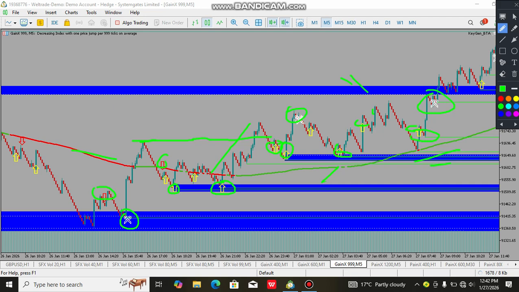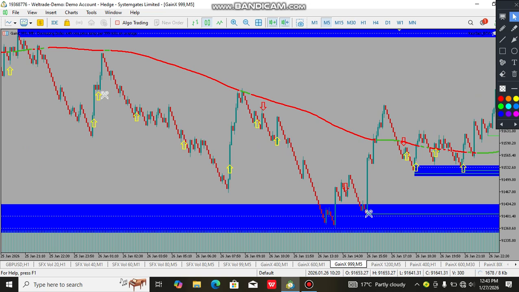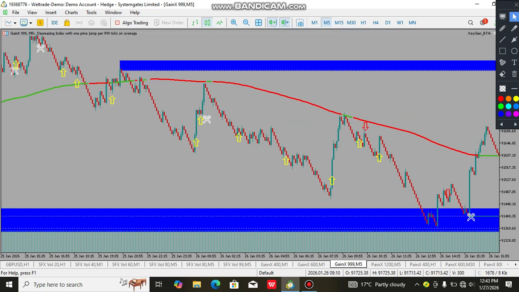So you exit quickly when the zones are too close together, and you can see the exit arrows appearing. So it's an improvement that we did so that it can accommodate all markets.